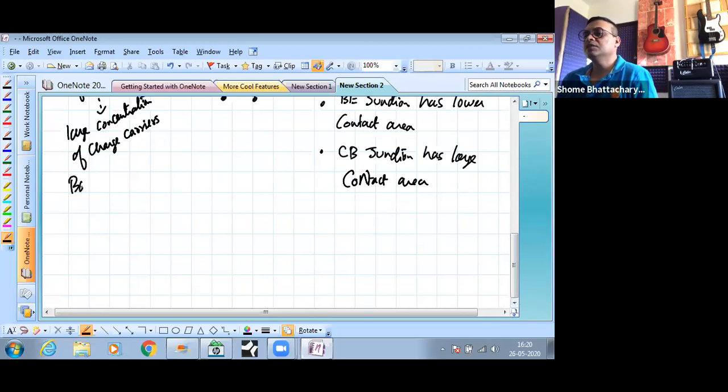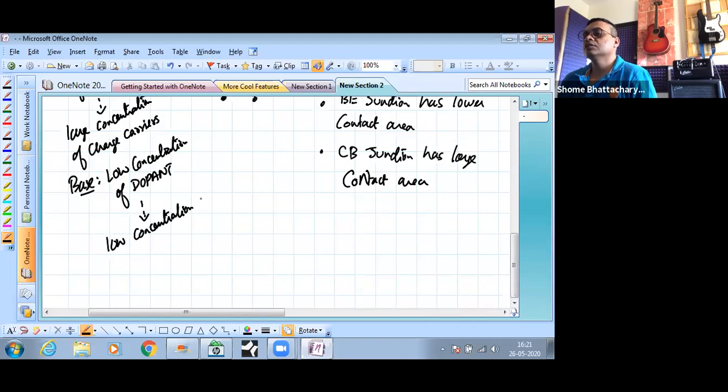whereas the base has low concentration of dopant. So correspondingly, it has low concentration of charge carriers.